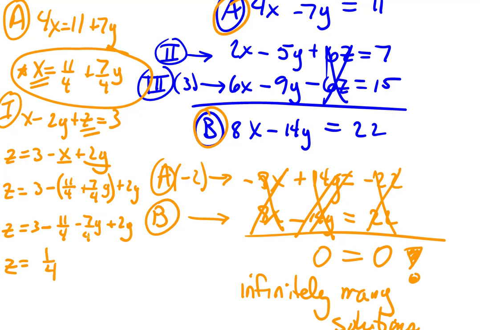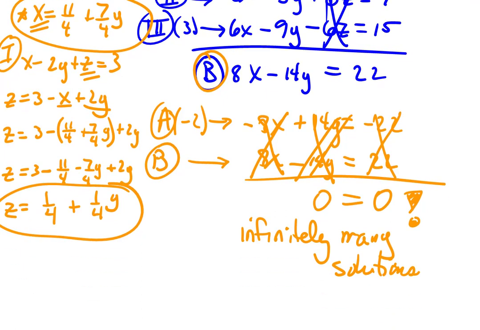And then for negative 7 fourths y plus 2y, with a common denominator of 4, that's negative 7 fourths y plus 8 fourths y, which means plus 1 fourth y. So now we have z in terms of y.